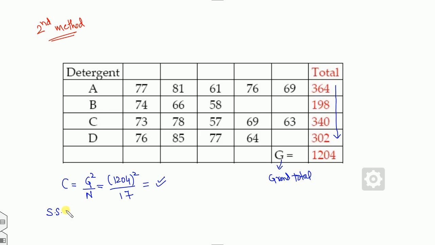Then second is the sum of squares of the total. The rule is double summation of xij square minus C. What does that mean? xij square is this number 77 square plus the second number 81 square plus the third number and so on, up to 64 square, minus C, that is 1204 square divided by 17.